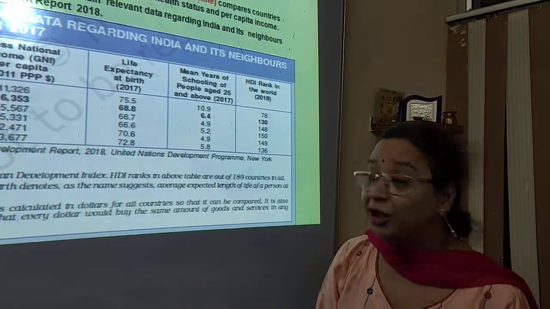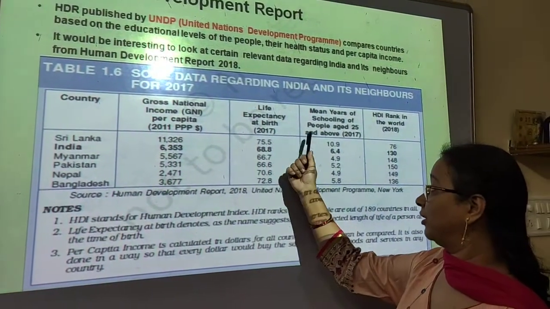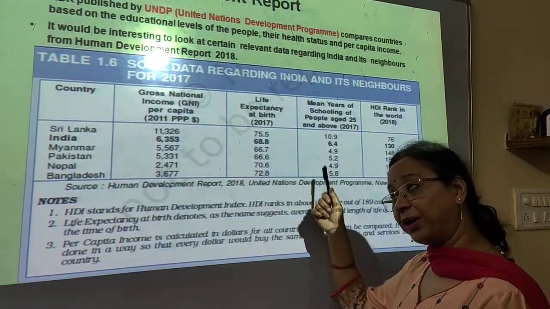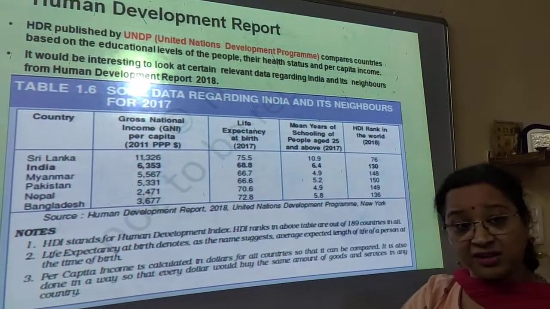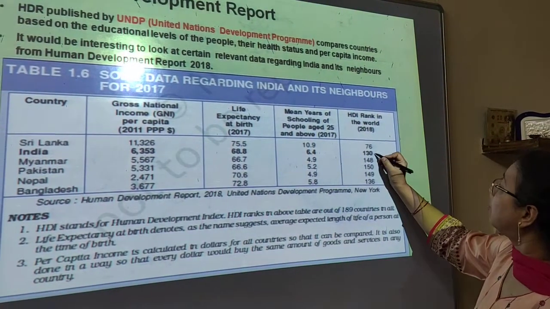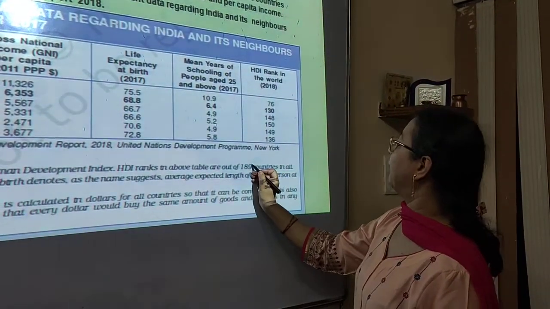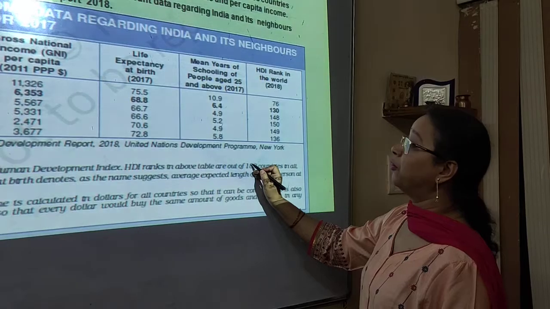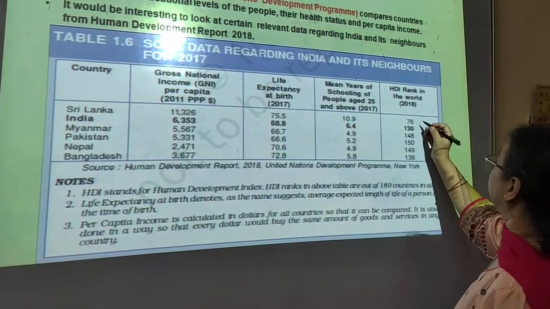So therefore, after considering total income, education and health, after comparing all these parameters, the United Nations Development Program has ranked India 130th out of 189 countries, whereas Sri Lanka has a much better rank than us.